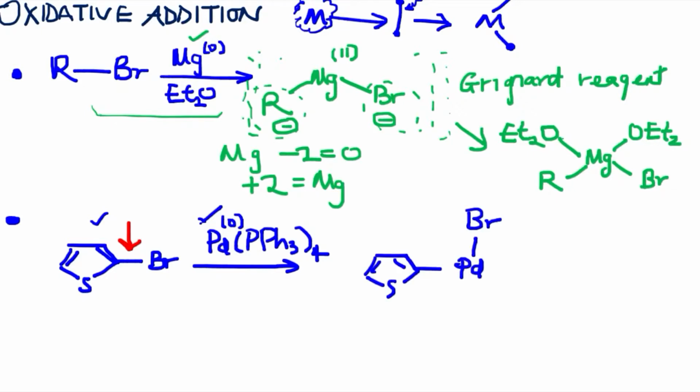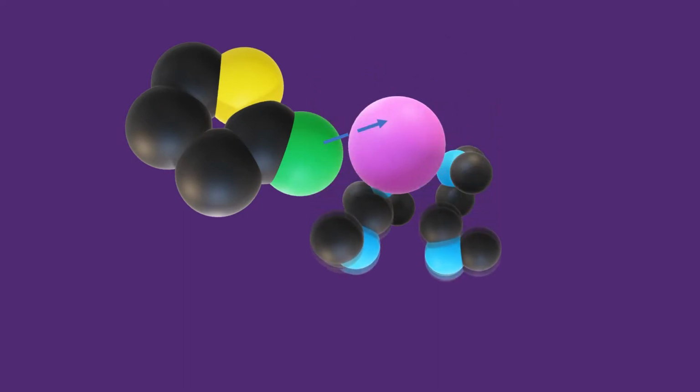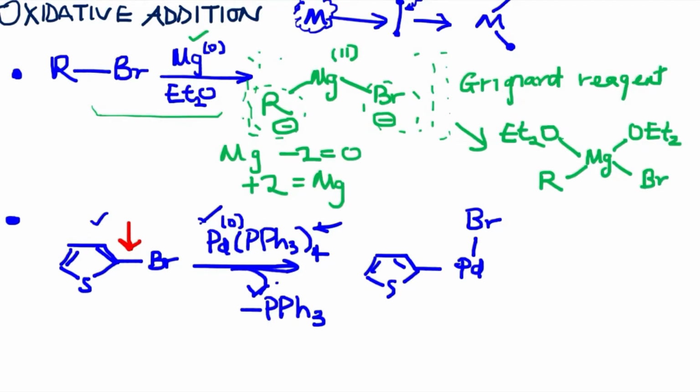But for this to be activated, it needs to lose this particular ligand, and once it loses it, then it's activated, and then it loses another one in order for us to be able to generate this particular product.